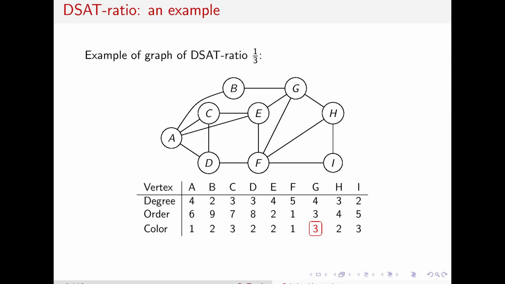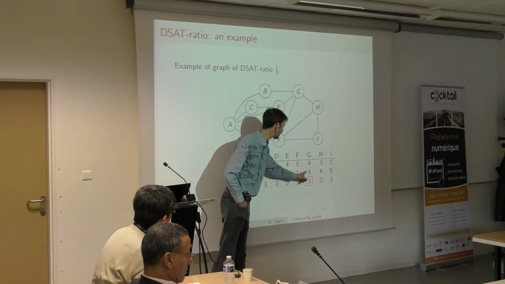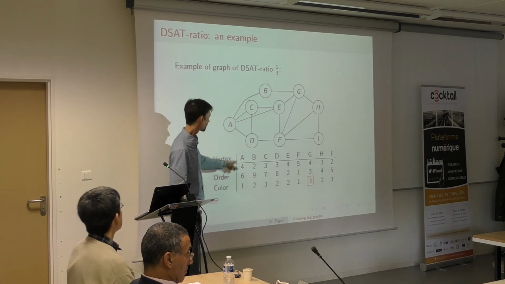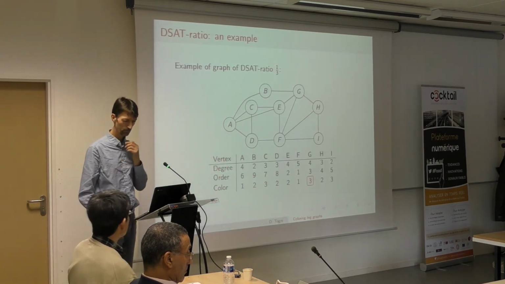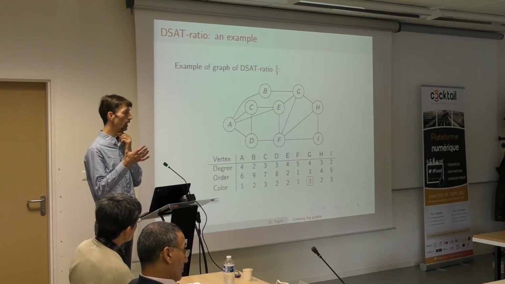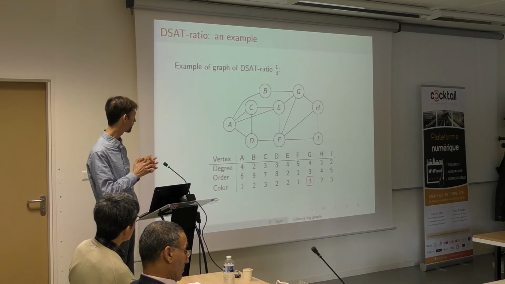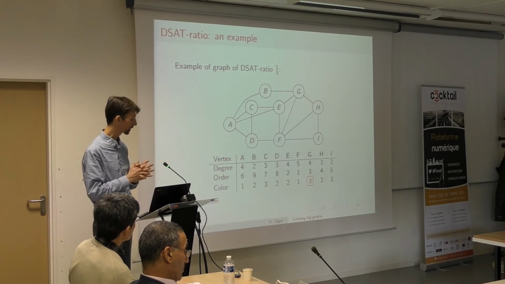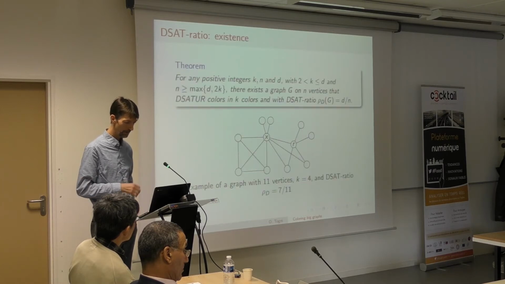Why? Because we color it with 3 colors, and the color 3 appears for the first time for the third vertex. So 3/9 is 1/3. So the last color, color 3, is used for coloring the third vertex. So 1/3 of the total number of vertices.